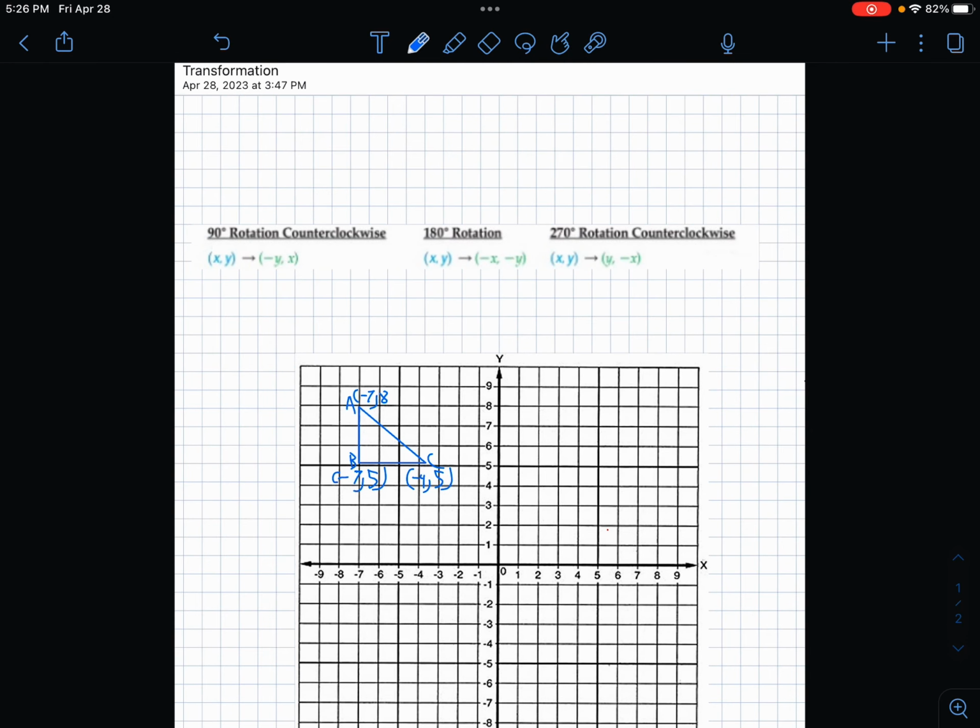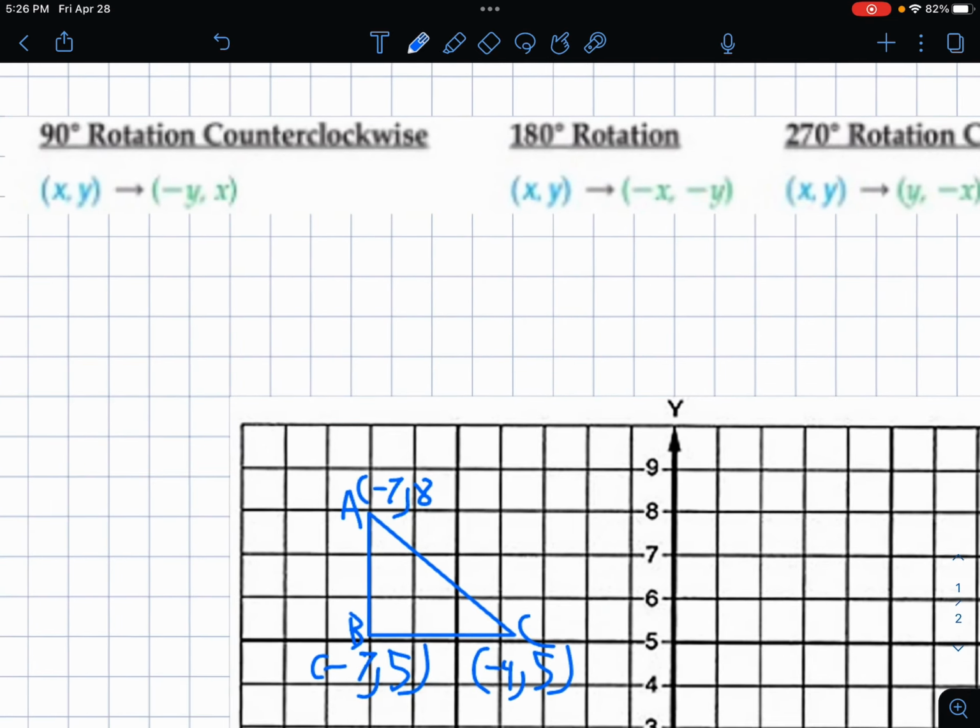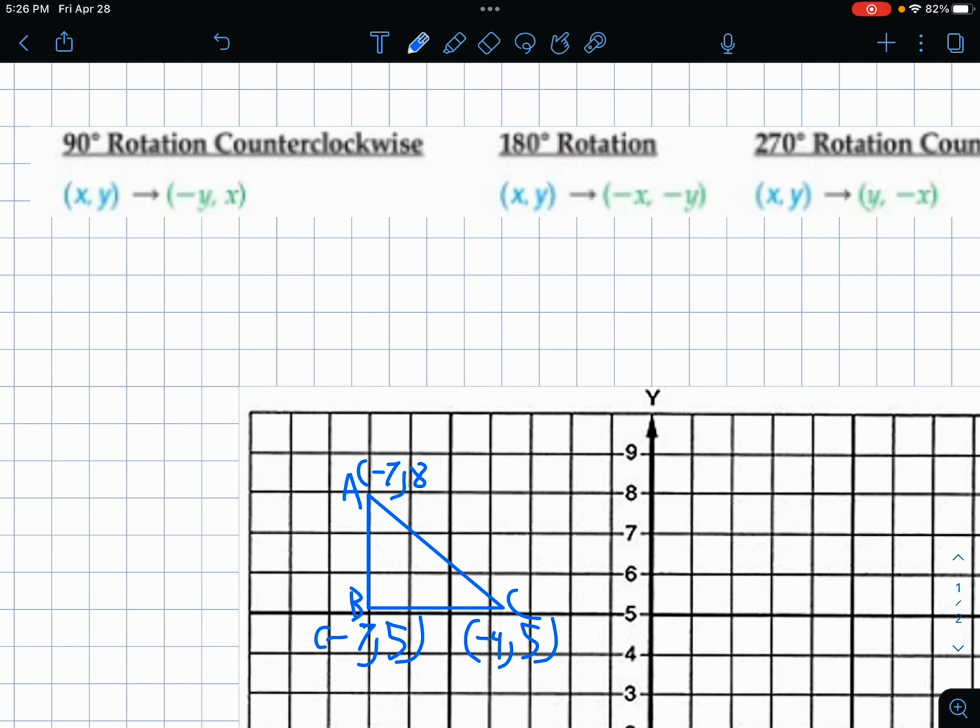Now, if you're just going to go 90 degrees rotation counterclockwise, what you're going to do is swap your X and Y. So now for A, -7, 8 is going to be 8, -7.